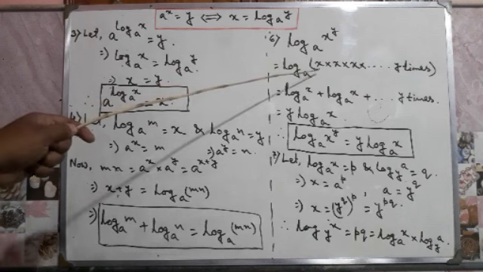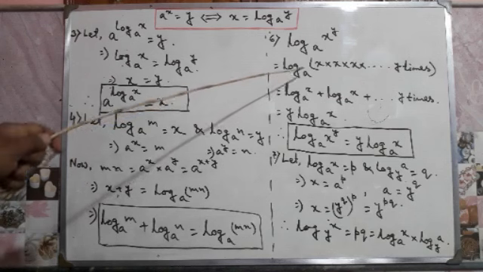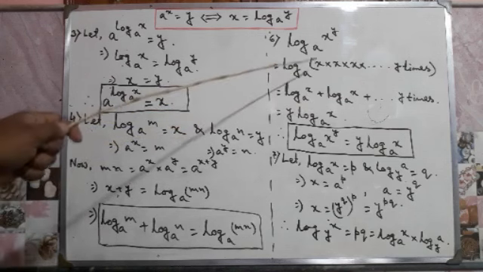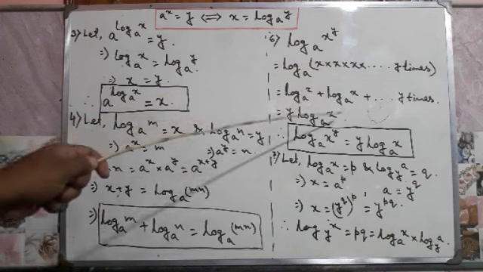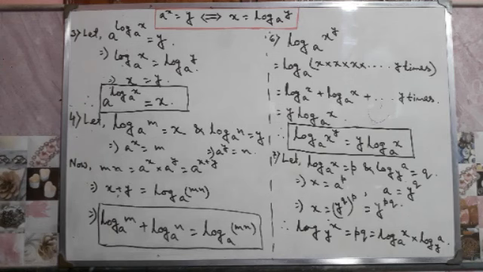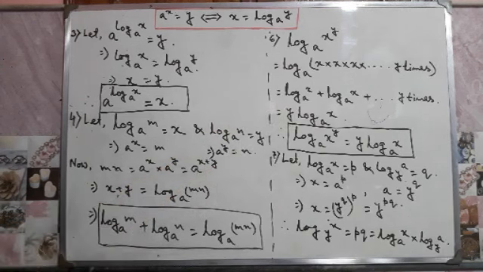So multiplication means addition by the above property, that is log x to the base a plus log x to the base a plus log x to the base a. How many times? Y times. So this one will be y into log x to the base a. So ultimately we got log x to the power y to the base a is equal to y into log x to the base a. Okay.